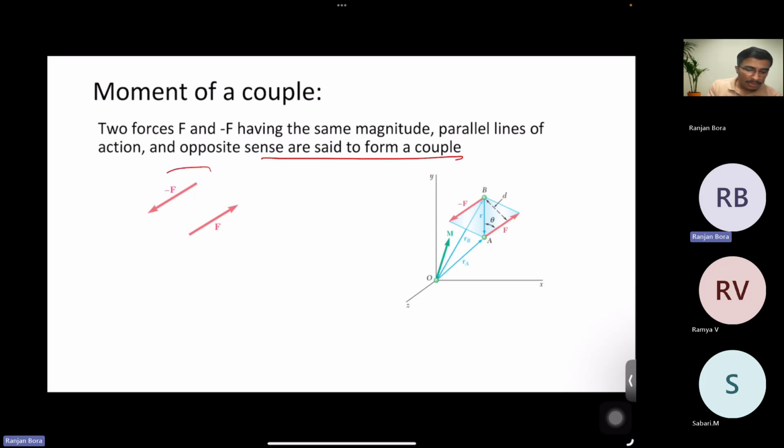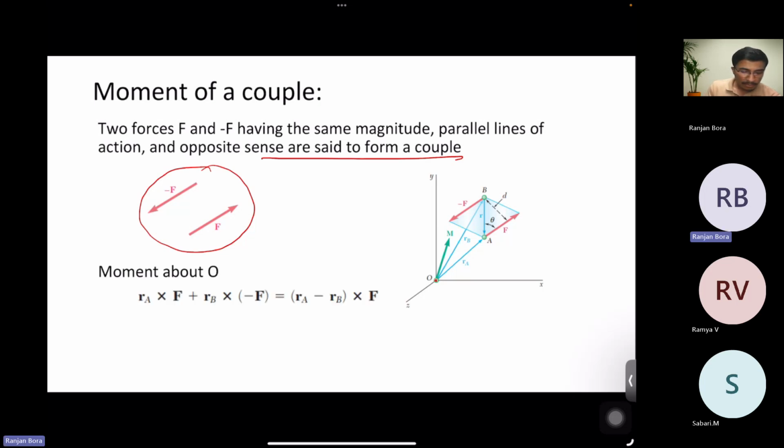So these two form a couple. How do we determine the magnitude of this couple? Using vector algebra, we take an origin point O and find the resultant moment because of these two forces.